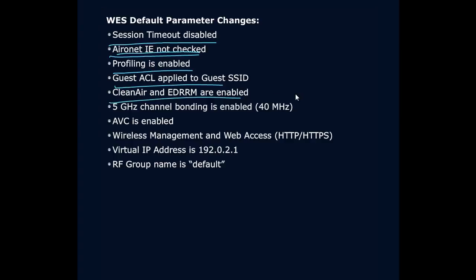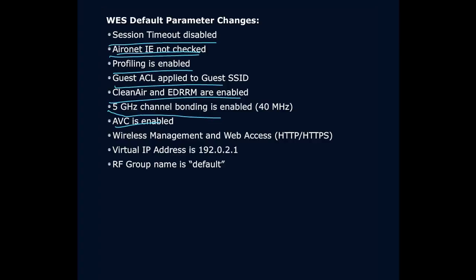CleanAir, EDRRM is available, is enabled, which means CleanAir is what scans the different frequencies to see how clean they are, that nobody else is using them. Band select, AVC, all of these things we're going to talk about in a little bit, but make sure you understand that this is where we're actually configuring our wireless LAN controller.